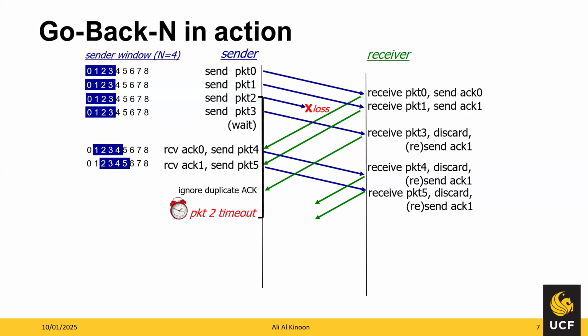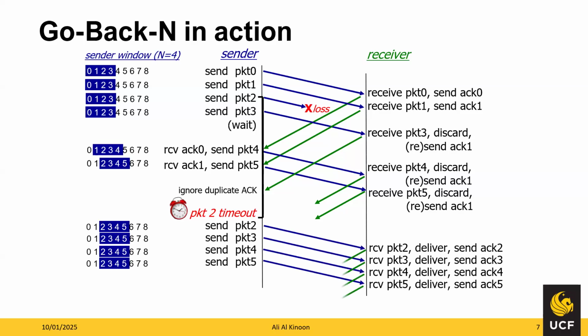Then eventually the sender itself will have a specific timeout, and this timer will expire for packet 2. So then the sender would say, hey, the time has expired and I have not received an acknowledgement. Let me go back and resend it. So then it goes back and sends 2, 3, 4, and 5. The reason it sends 2 is because 2 has not been received yet, and 3, 4, and 5 are the next in-order packets to be sent out.